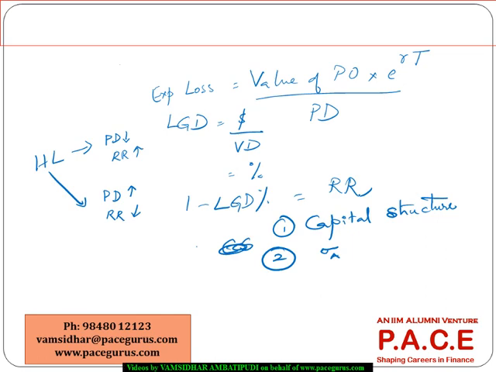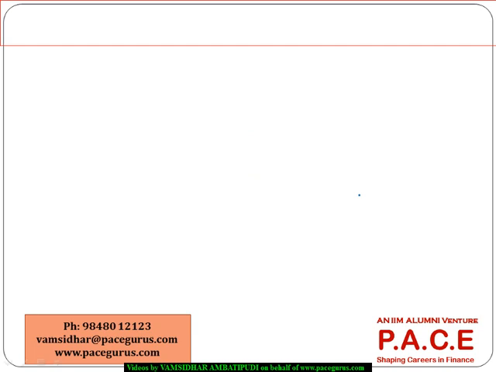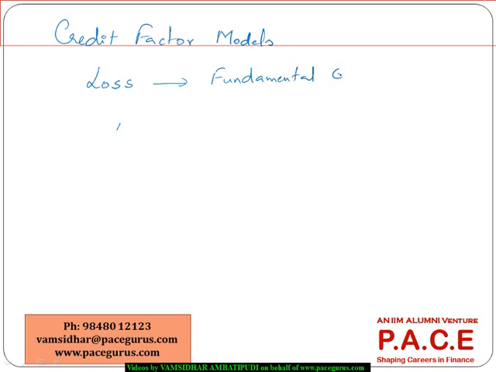All right. Now let's focus on another aspect relating to credit risk, which is credit factor models. The earlier ones we have seen are structural models, but this one is a credit factor model which tries to link the loss to fundamental economic quantities like an index.